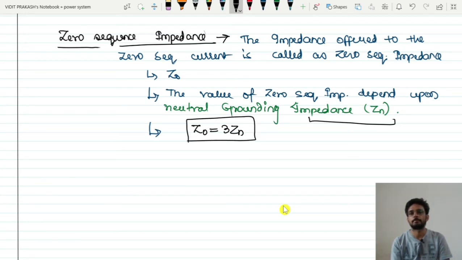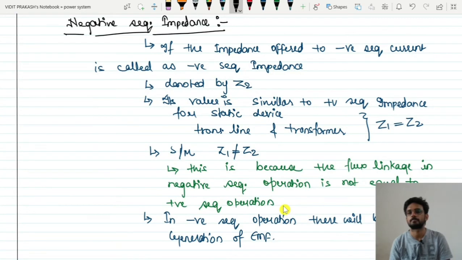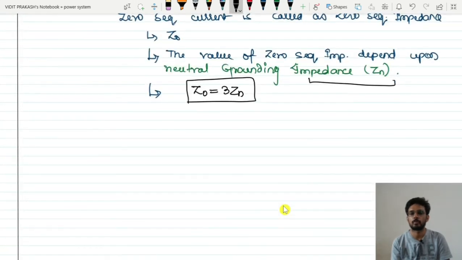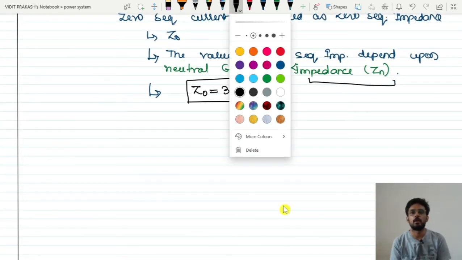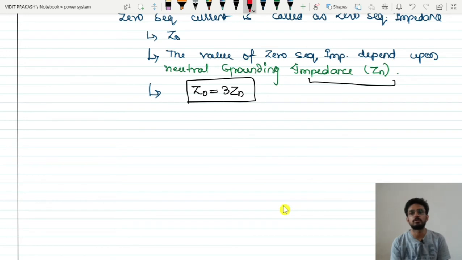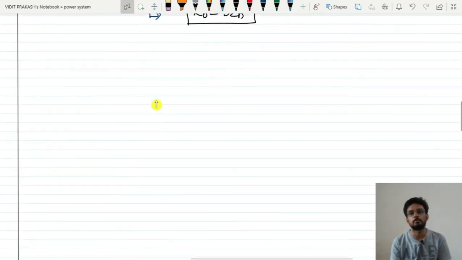Okay, clear? Now we'll see how to denote the sequence impedances for a synchronous machine.